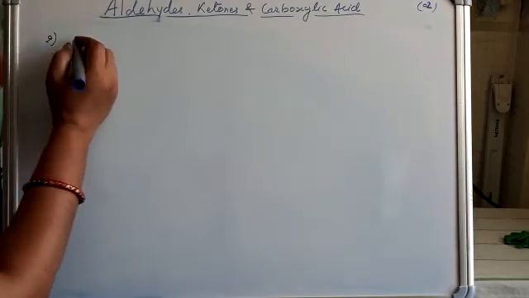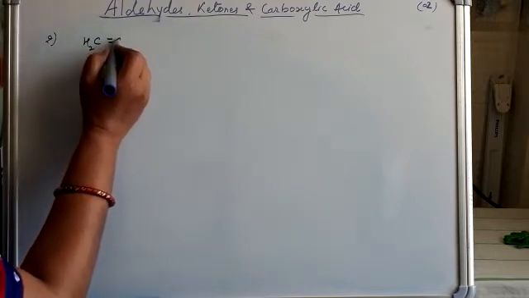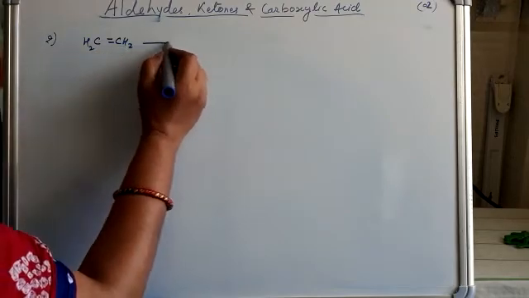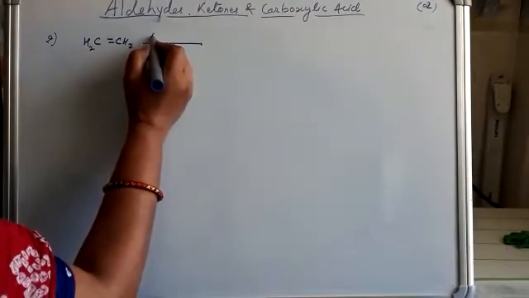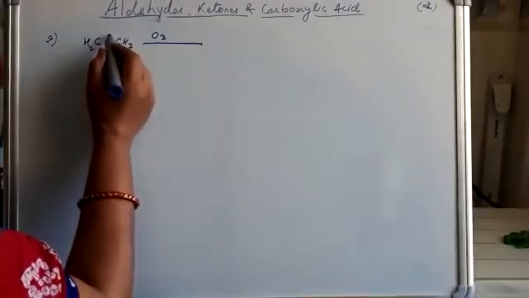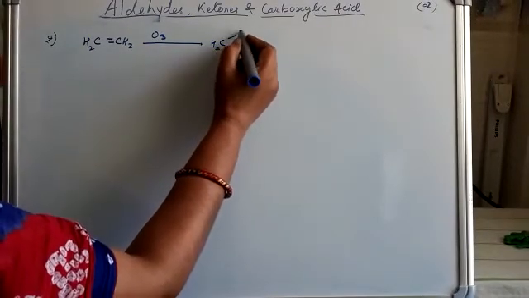Next example, from CH2 double bond CH2, ethene. When ethene undergoes ozonolysis, at first the ozonide compound forms.